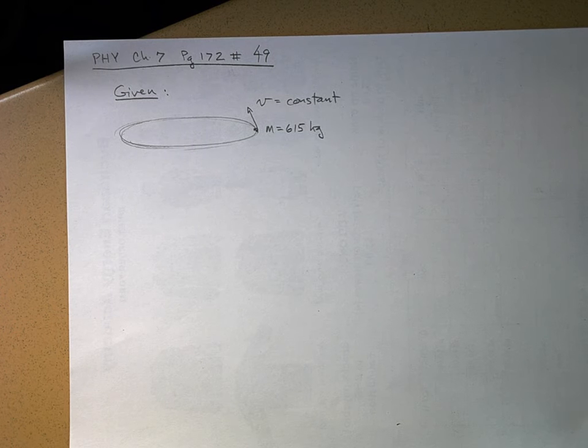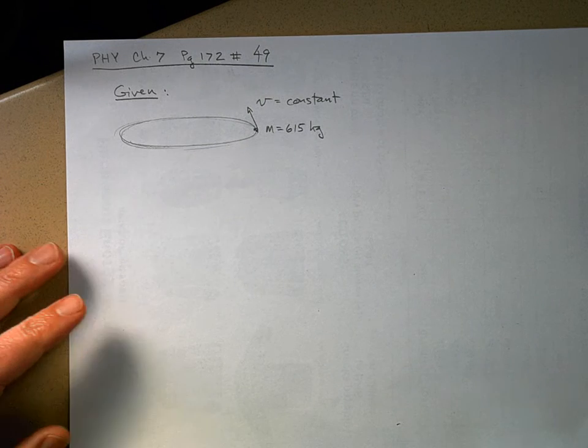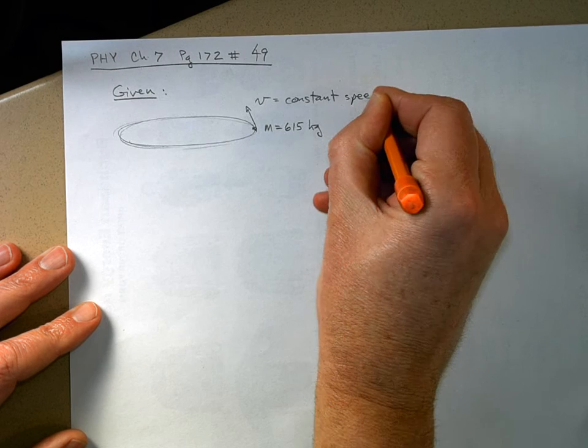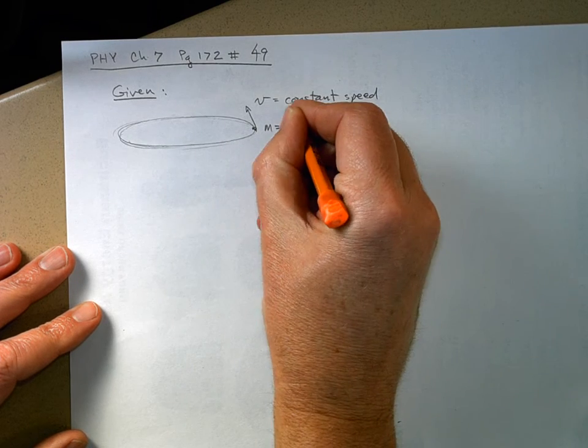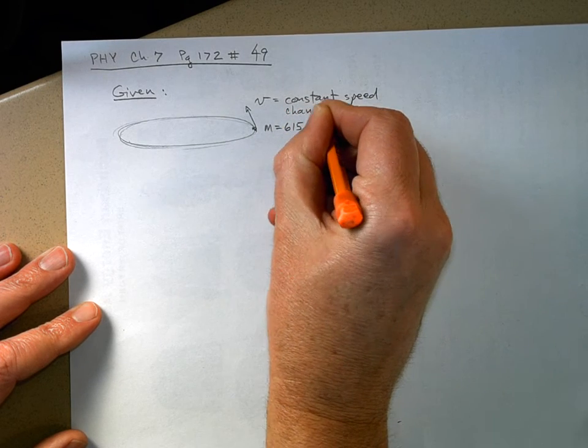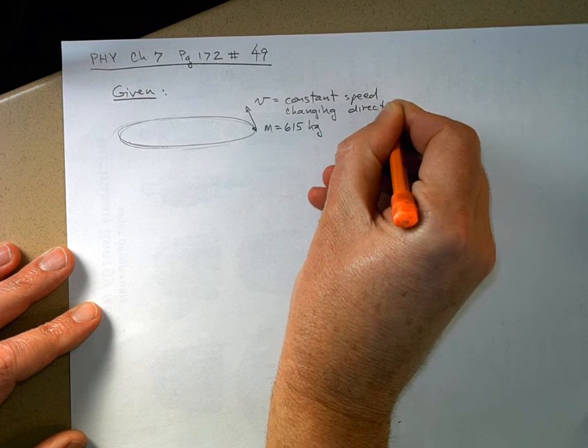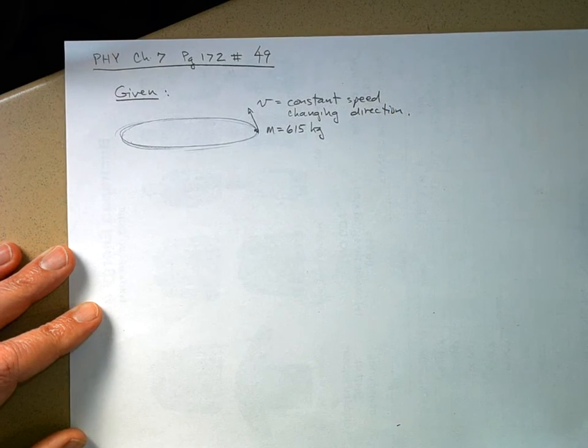You need an acceleration to change the direction of your velocity vector. I just wrote v is constant, v without the vector head on it. Constant speed, changing direction. Now we call this uniform circular motion.